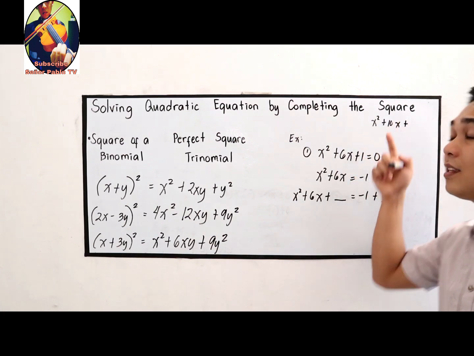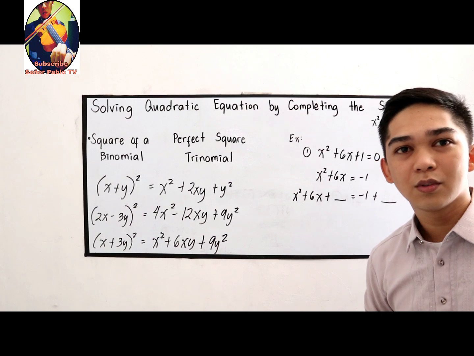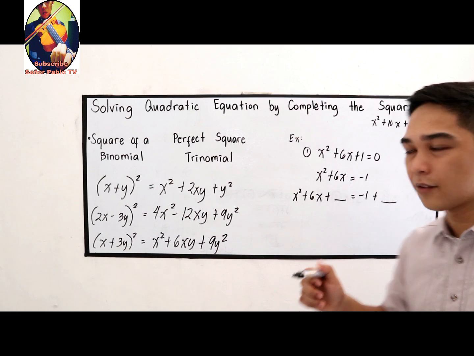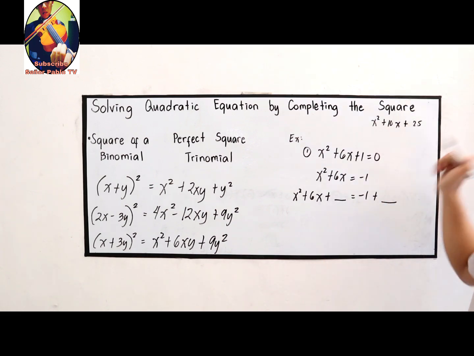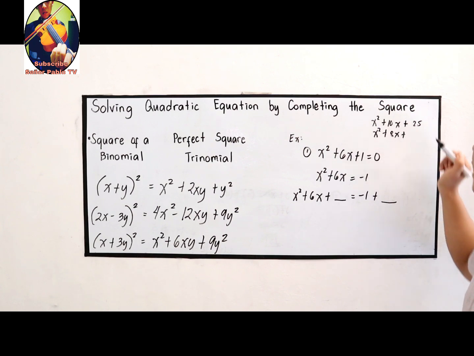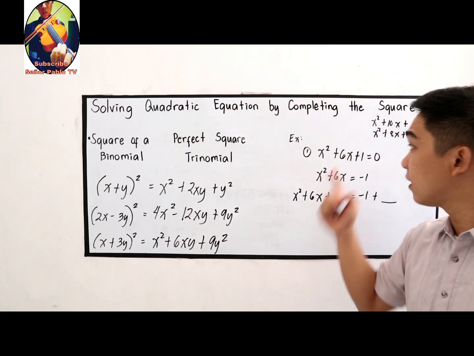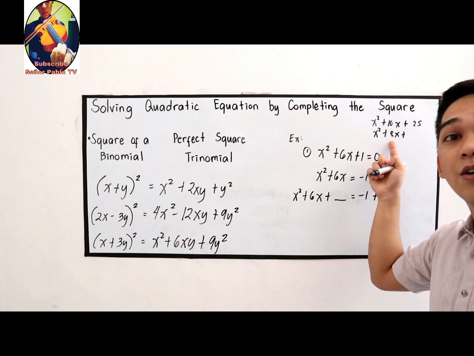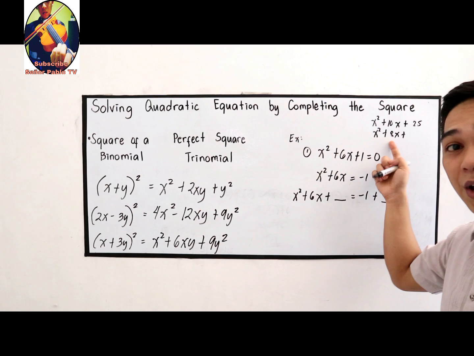So, 10 divided by 2, that is 5. Then 5 squared, 25. Isa pa. x squared plus 8x plus, para maging PST siya, 8 divided by 2, that is 4. Then square, 4 squared, 16.